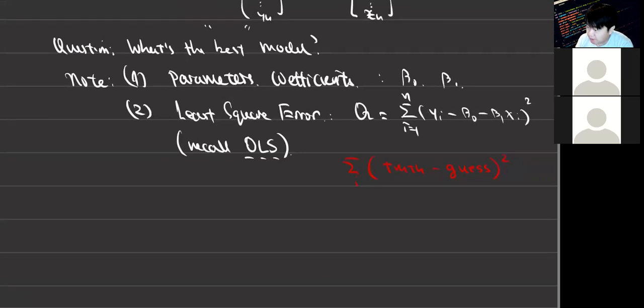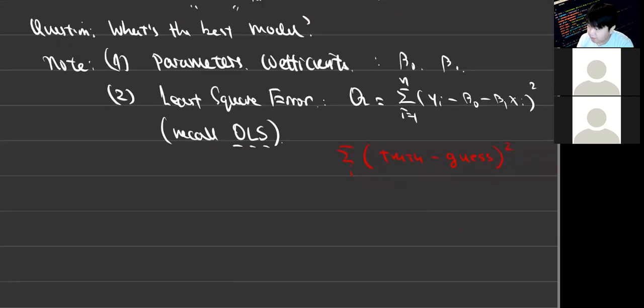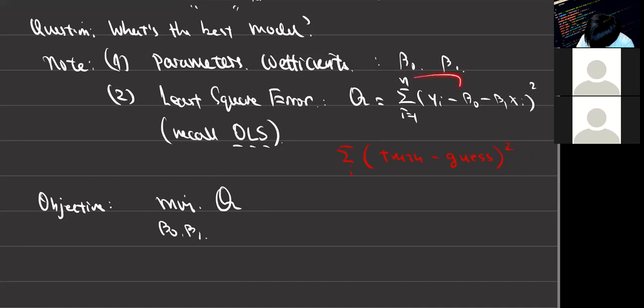So with that being said, now you can write something like this. So the objective is going to be minimize this Q by controlling beta 0 and beta 1. And this Q is essentially this formula, right?